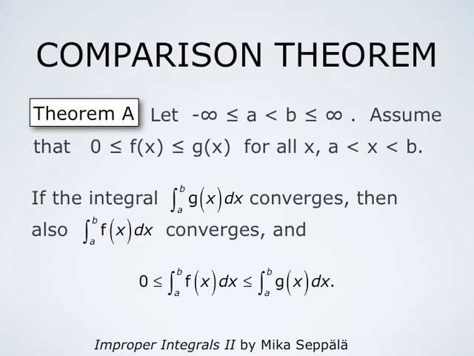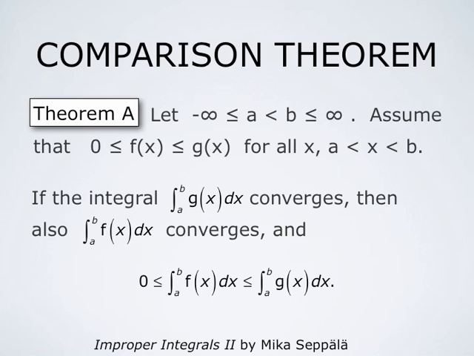We assume that between a and b, f of x is always greater than or equal to 0 and at most g of x. So we assume that both functions f and g take non-negative values, and that f at x is at most g at x for all x.